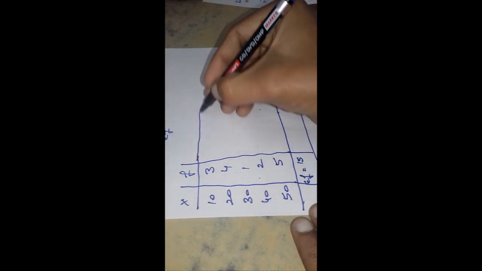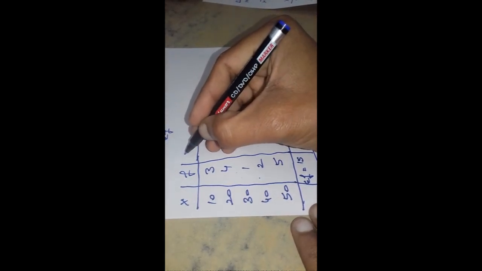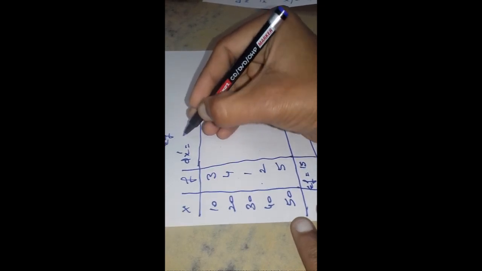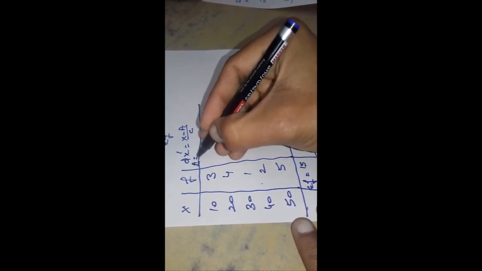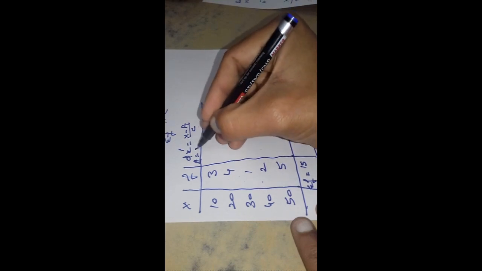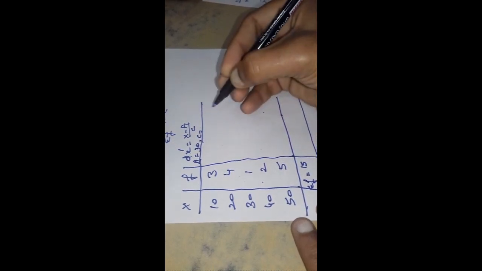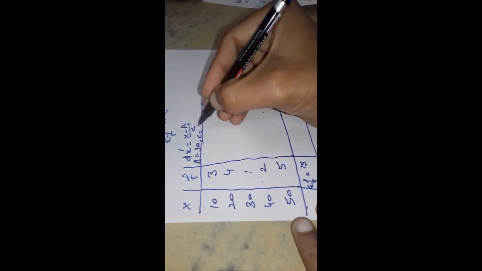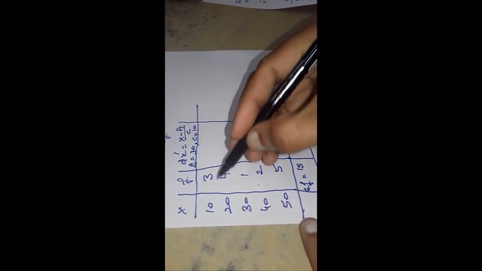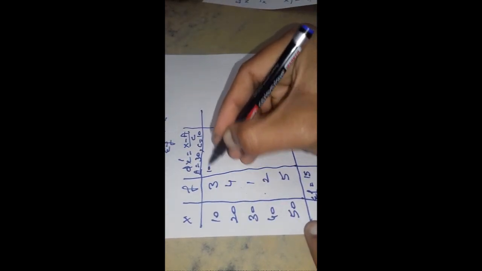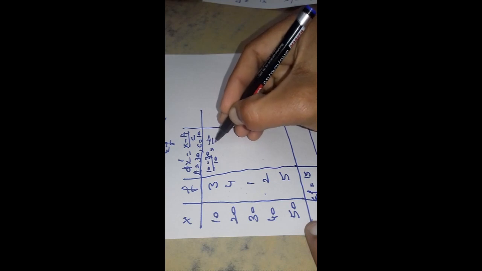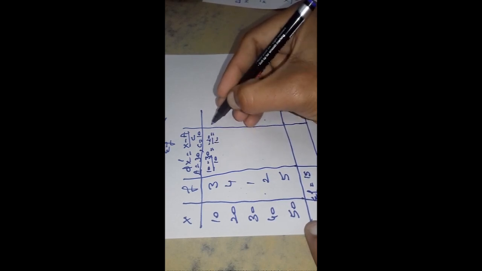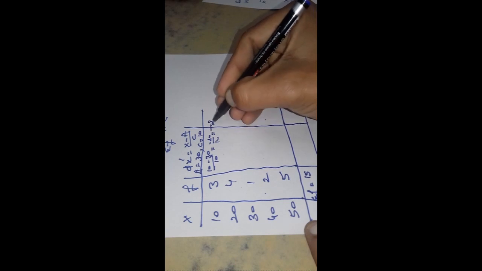Now for step deviation, dx bar equals x minus a divided by c. I'm again taking 30 as a, and c is the common factor of 10, 20, 30, which is 10. So 10 minus 30 divided by 10 equals minus 20 over 10, which is minus 2.